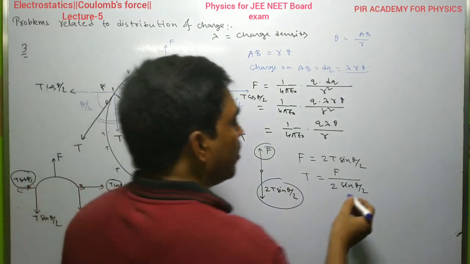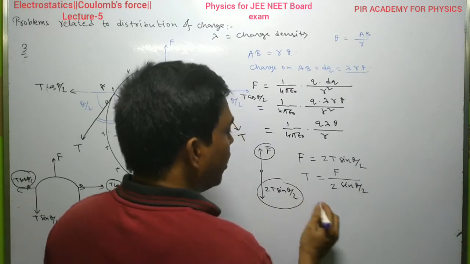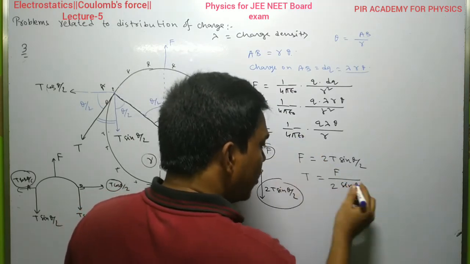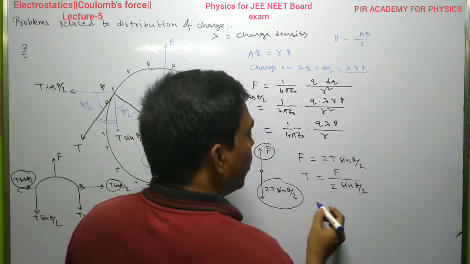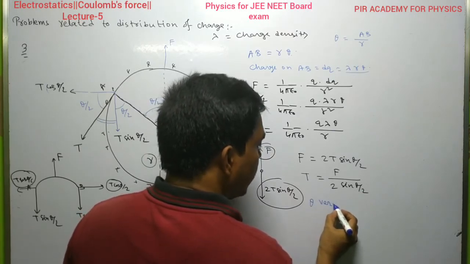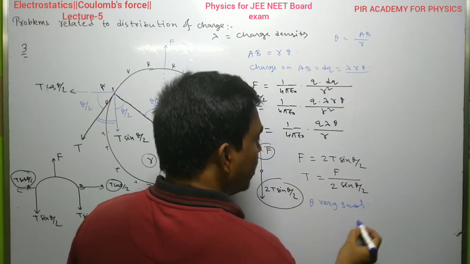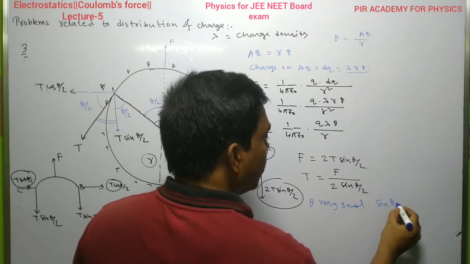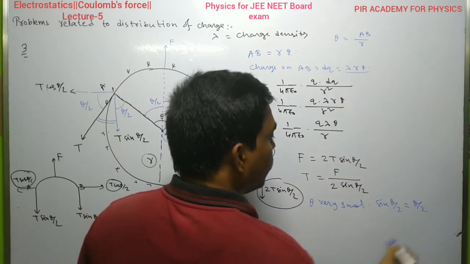Now if theta is very small, then sine theta by 2 equals theta by 2.